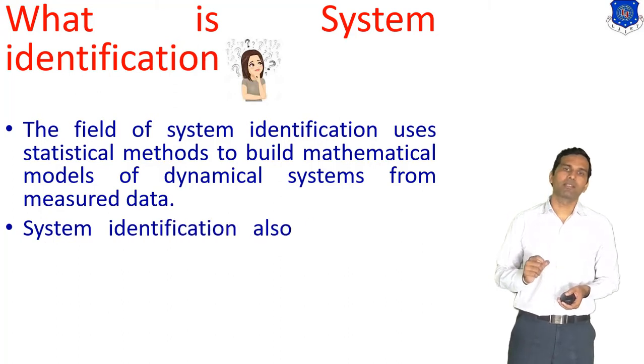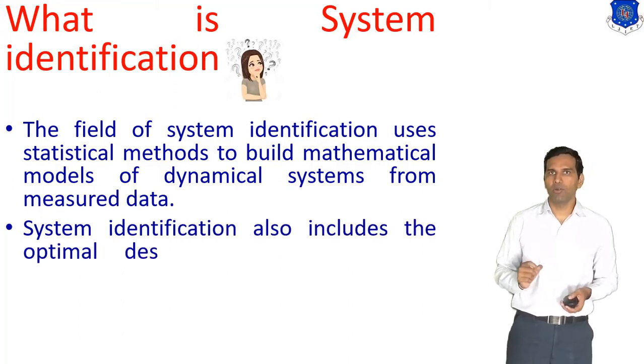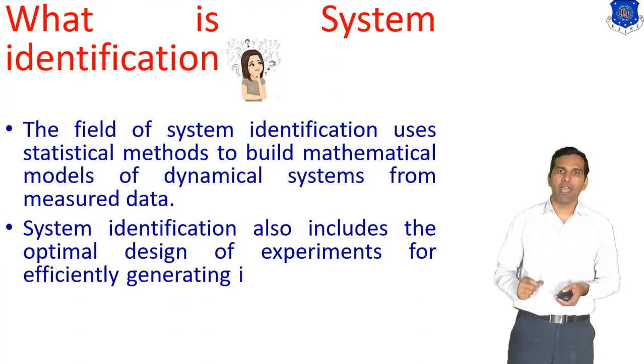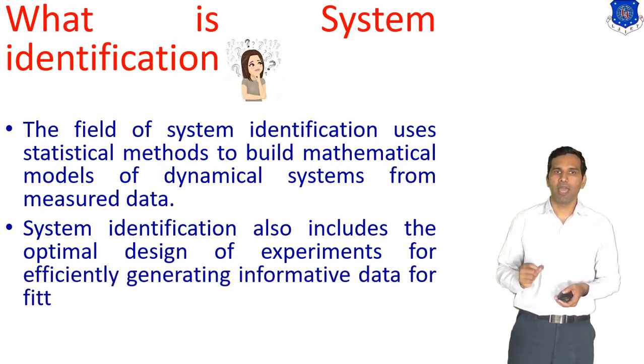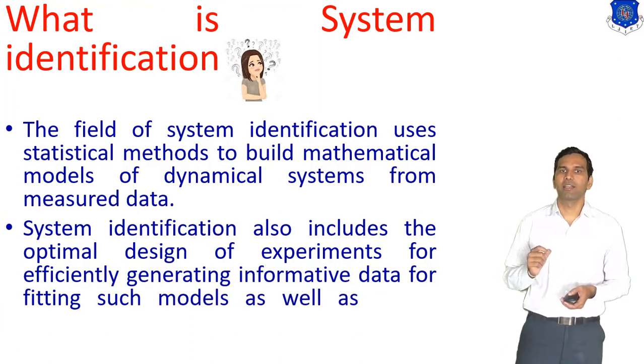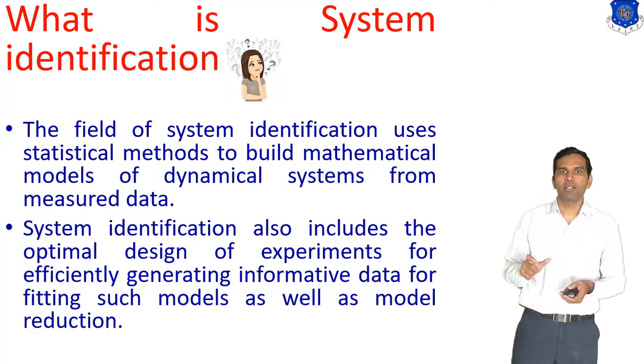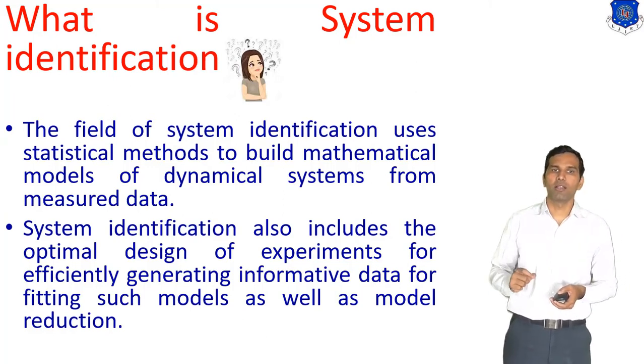System identification also includes the optimal design of experiments for efficiently generating informative data for fitting such models, as well as model reduction.